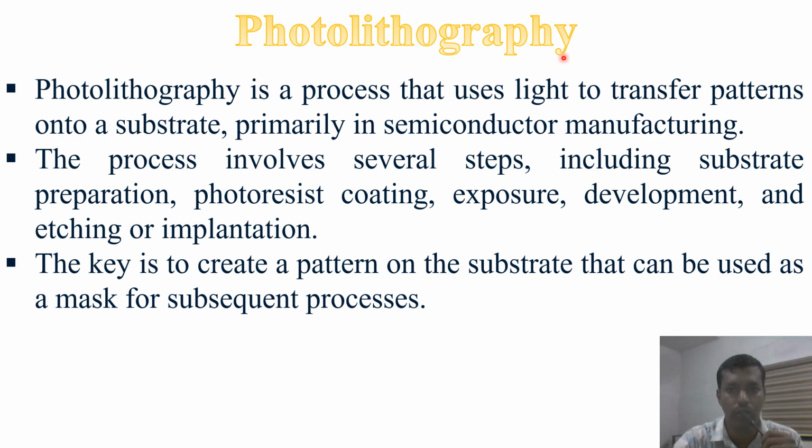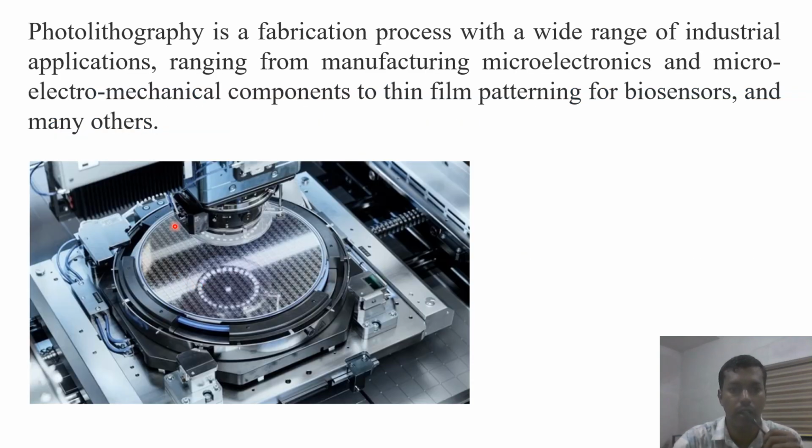It is a process using light to transfer patterns on a substrate. This photolithography method consists of substrate preparation, photoresist coating, exposure, development, and etching. These are the major steps. This picture is an actual image of photolithography.